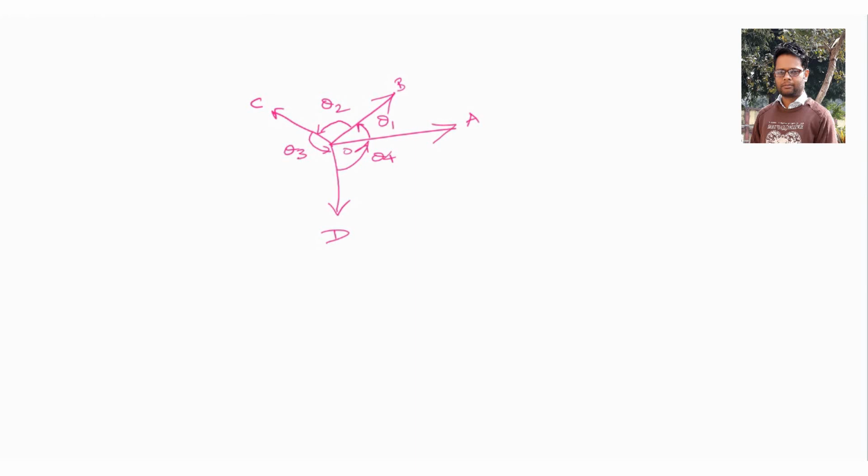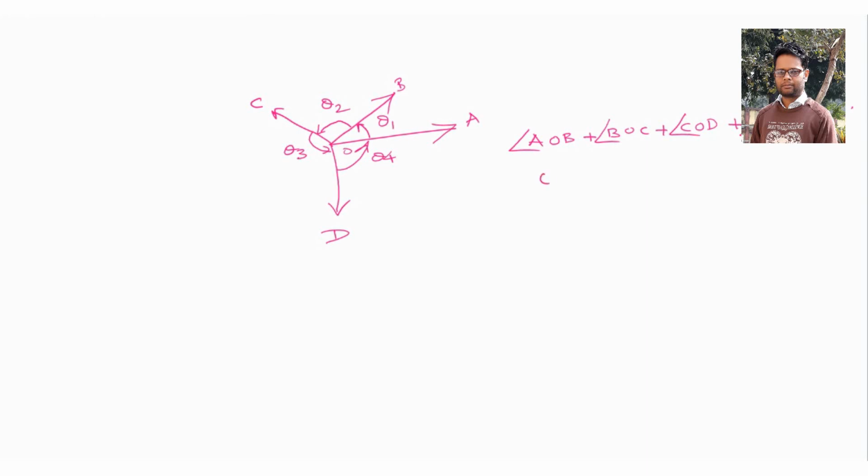That means what? AOB plus BOC plus COD plus DOA. Here 4 angles are there. All the sum of the angles is 360 degrees.